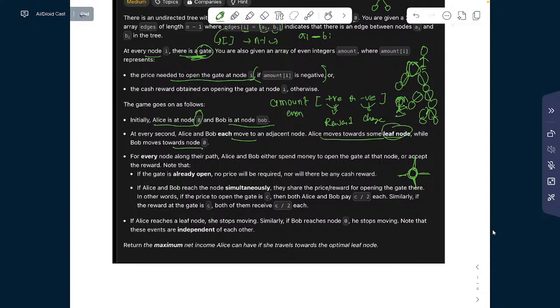So basically what I conclude from here is that Alice is trying to move down levels, and Bob is trying to move upwards.